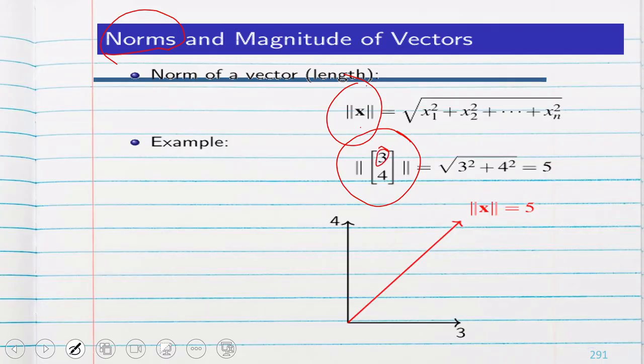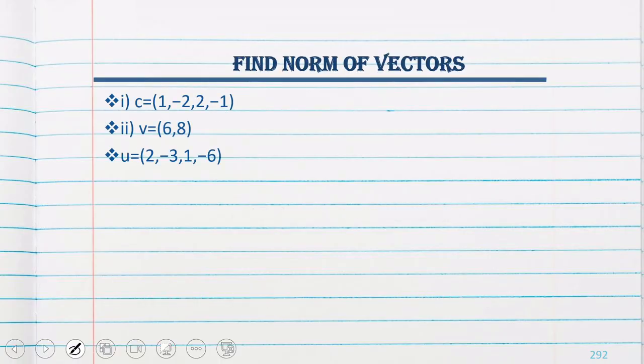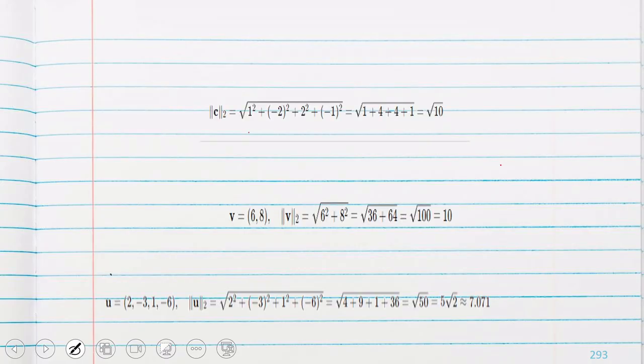So the norm of x is 5. You can try this: c equal to 1, minus 2, 2. You have to take the square of all the terms, then take the square root.